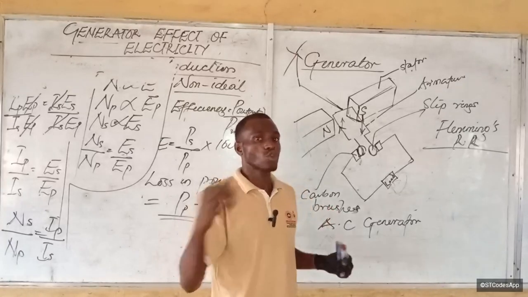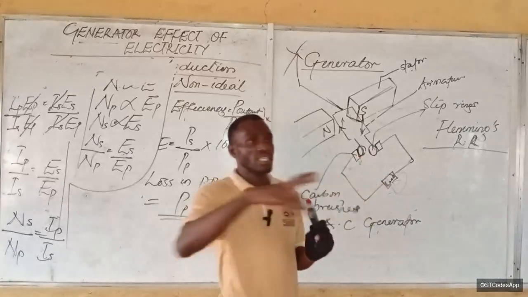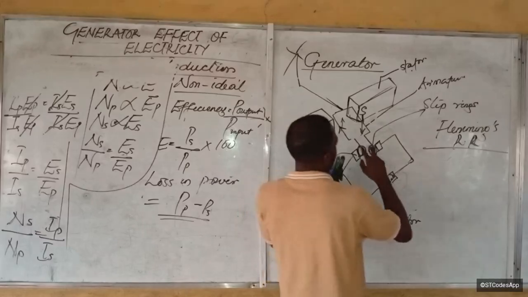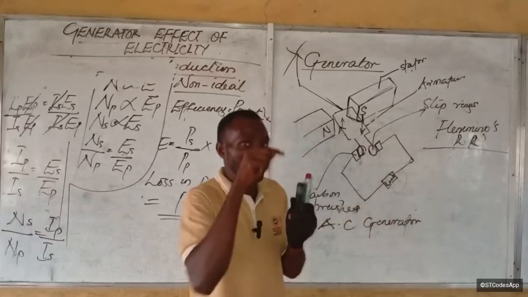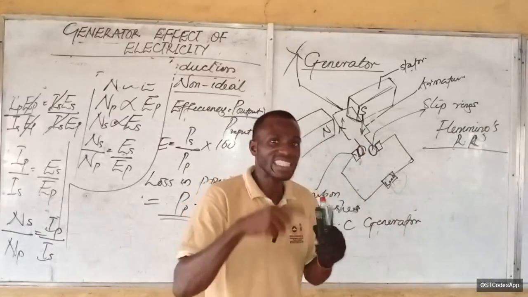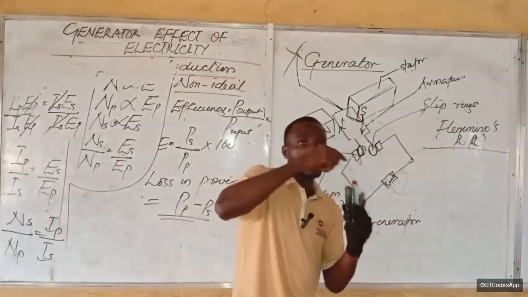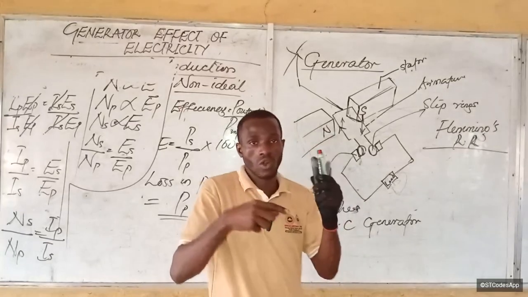Is that okay? So that the current does not flow in different directions. So there will be a point when it's rotating that there will be no connection.